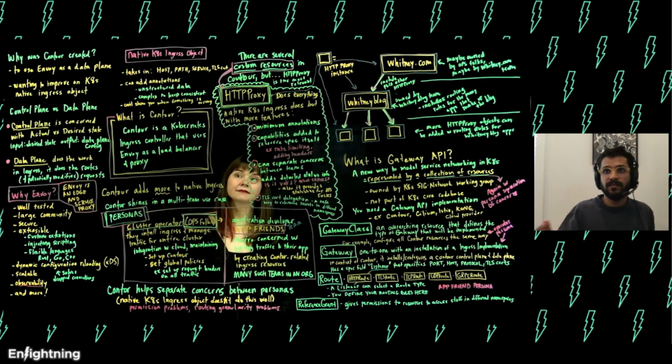Otherwise, you can see malicious things going on, right? In a multi-tenant cluster, if I can guess at the names of services in other namespaces or the names of secrets in other namespaces, I can do some nefarious things.